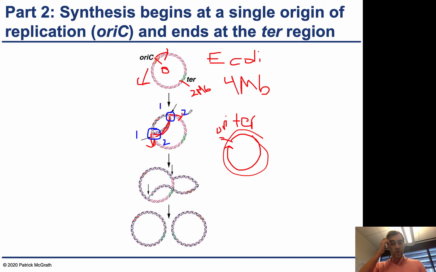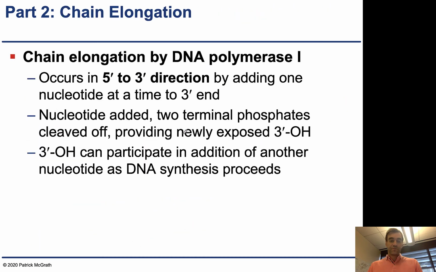So there's a total of 4 polymerases. So you have a leading strand that's going this way, and then you have a lagging strand that's going in pieces over here, and then you have a leading strand that's going this way, and then you have a lagging strand that's kind of going over here. And then eventually these two different things will meet once they come to the terminus.